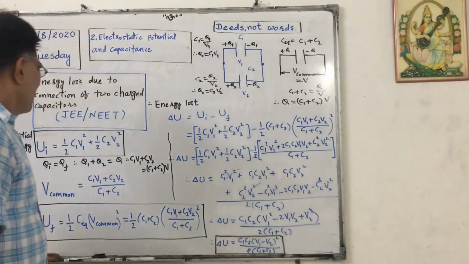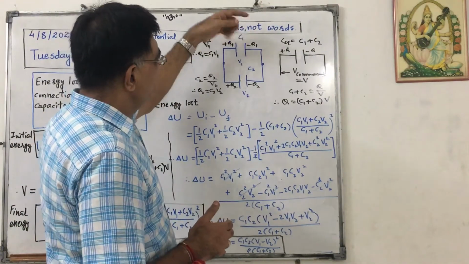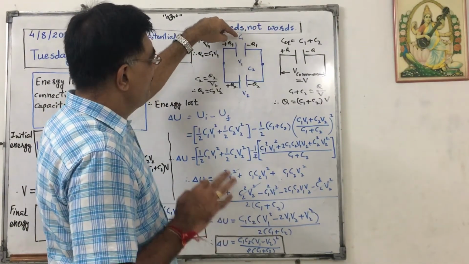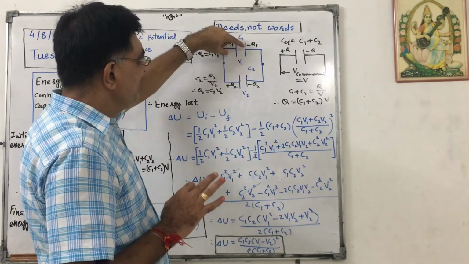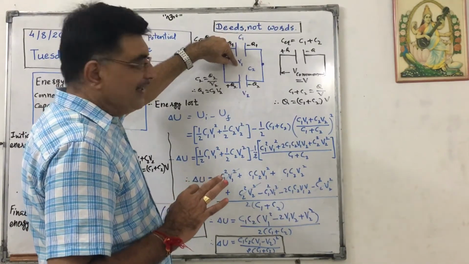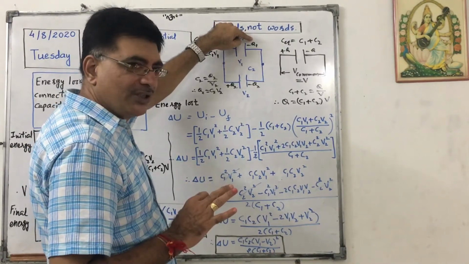So first of all, let us have two capacitors. This capacitor has capacitance C1, potential difference between two plates is V1, and charge on this plate is positive Q1, this plate is negative Q1.